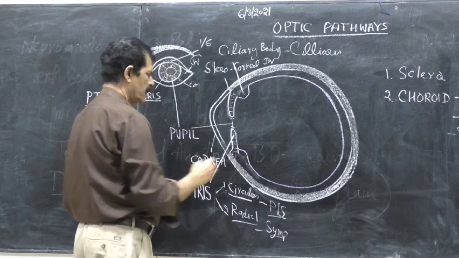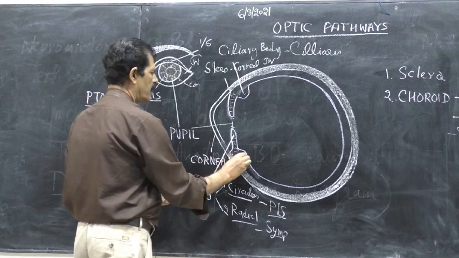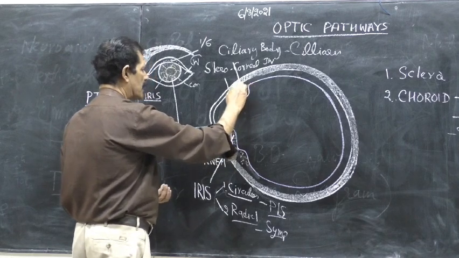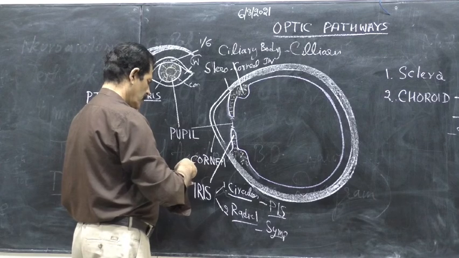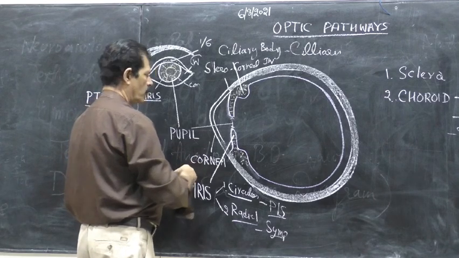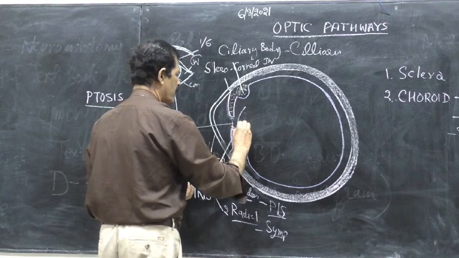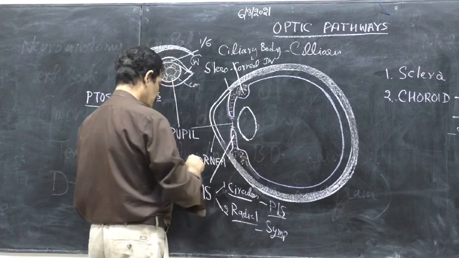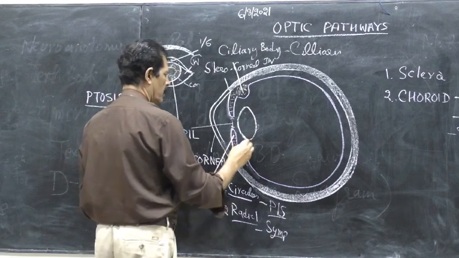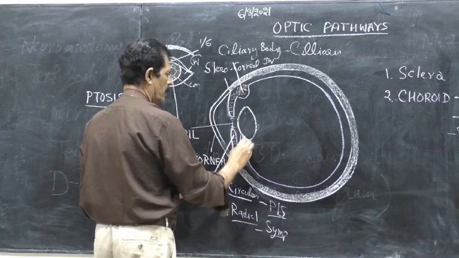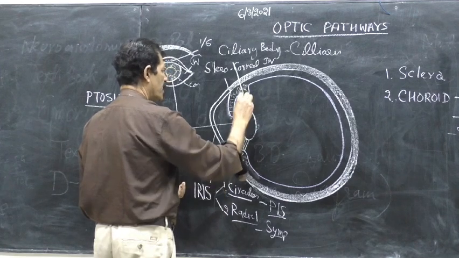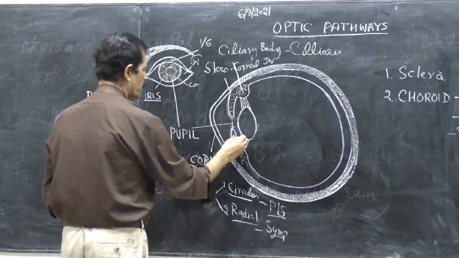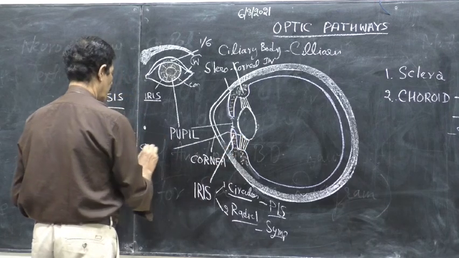So circular muscles are present in the ciliary body, and this ciliary body is connected to the biconvex lens, which is suspended by suspensory ligaments from the ciliary body.